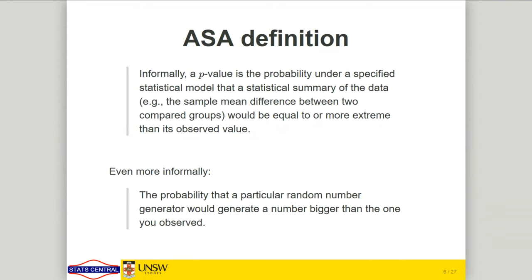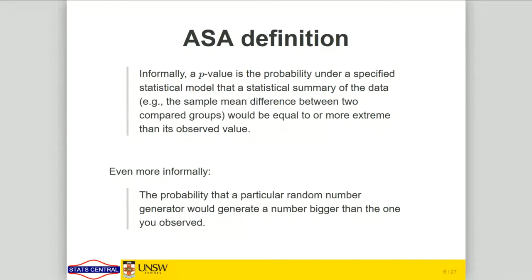So this is my alternative, which is even more informal. It is saying that the p-value is the probability that a particular random number generator would generate a number bigger than the one you observed. So you've observed the number, and you're going to compare it to the probability that a particular random number generator gets a number bigger than yours. So in this sense, the specified statistical model that's mentioned in the ASA definition can be thought of as a random number generator.